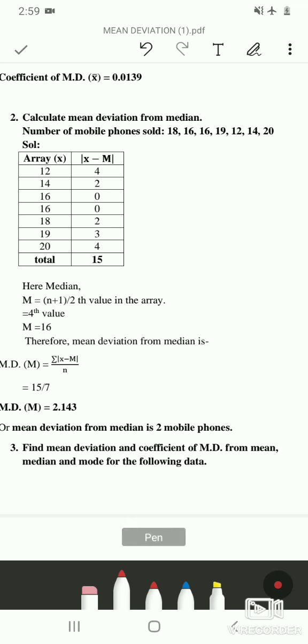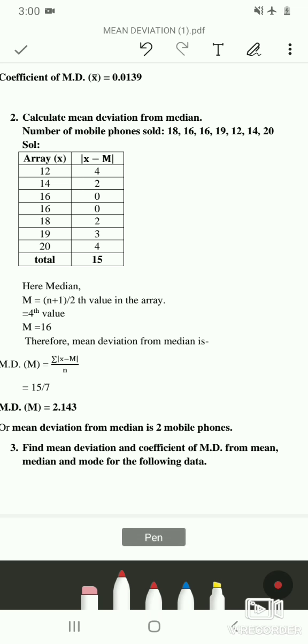Once you get your median, the next table would be to find the absolute value of x minus M, that is median. That is 12 minus 16 is 4, so ignore the negative sign. Similarly, calculate x minus M values for all the values of x.